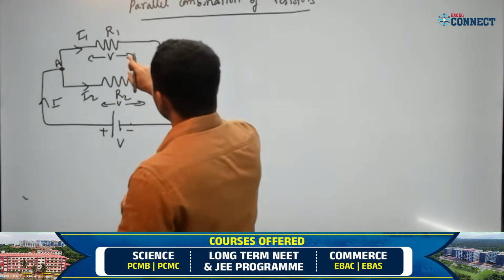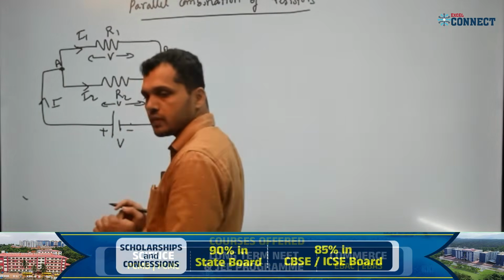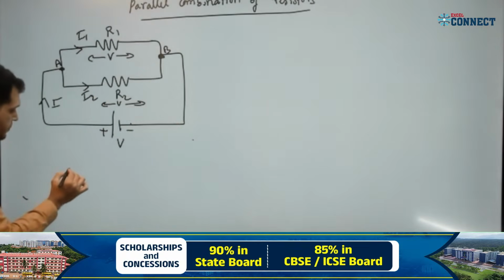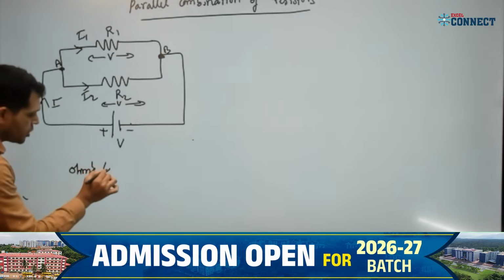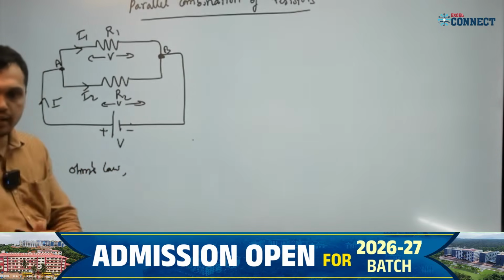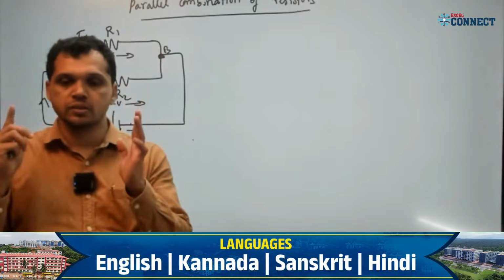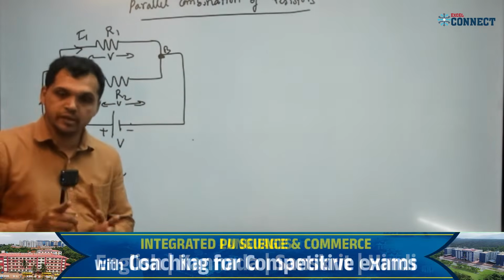Now first we have Ohm's law. Based on Ohm's law, what is the equation here? Ohm's law states that potential difference is directly proportional to current, provided physical conditions are the same.